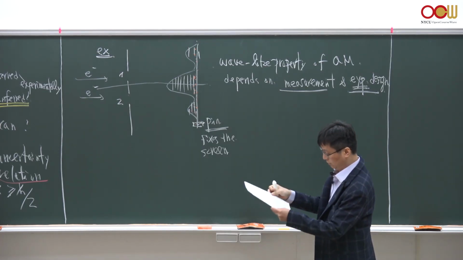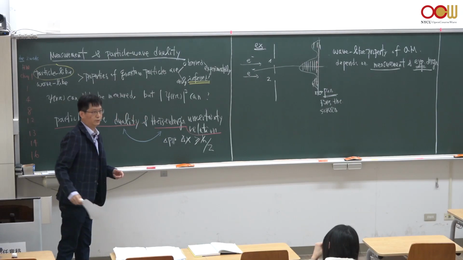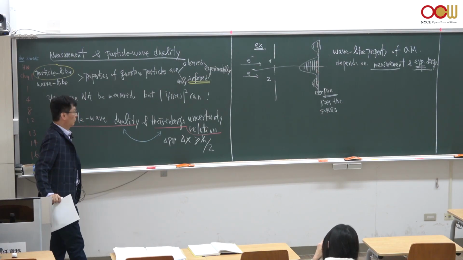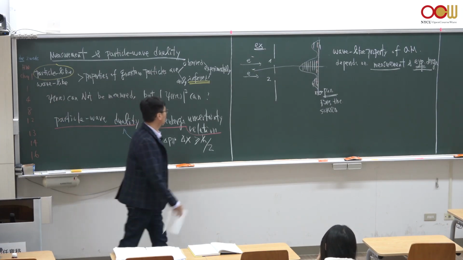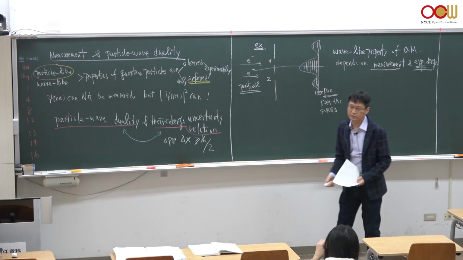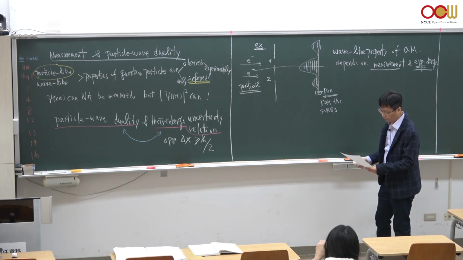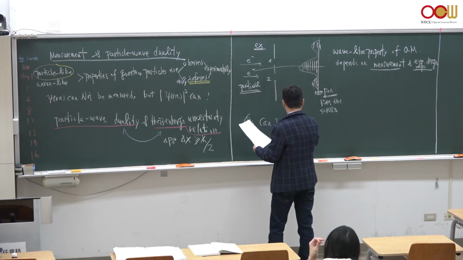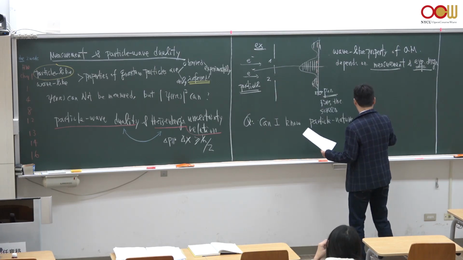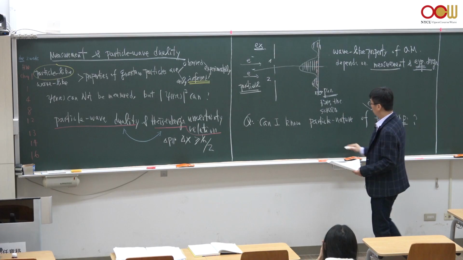So let us just ask this question. If I'm a stubborn person, I don't believe this particle-wave duality, and I insist, well, I should see the particle properties of this double-slit experiment from electrons, because electrons are still particles, right? So why can't I see the particle nature of electrons in these experiments? Can I know the particle nature of the electron in this experiment?